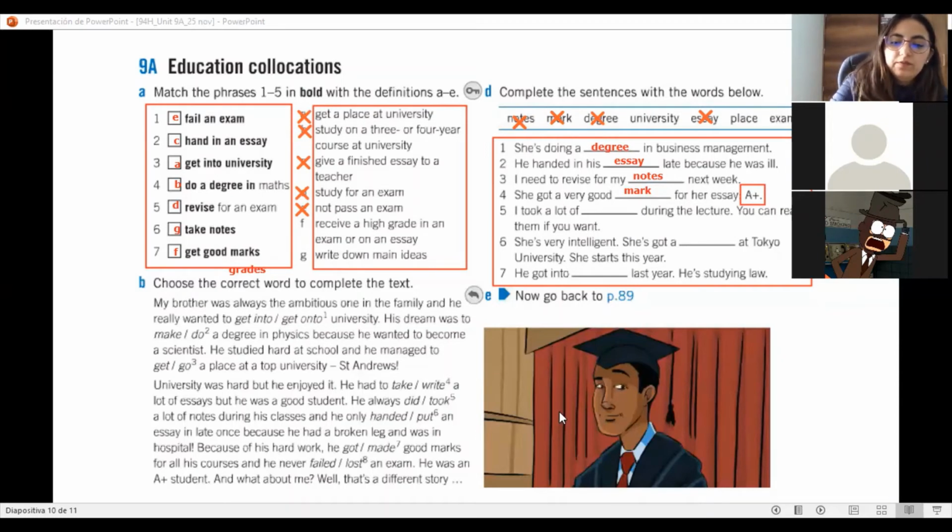I took a lot of... What would it be, number 5? Exam. Here we have, yes, we can change one of the previous words. Aquí vamos a cambiar una de las palabras, me parece.